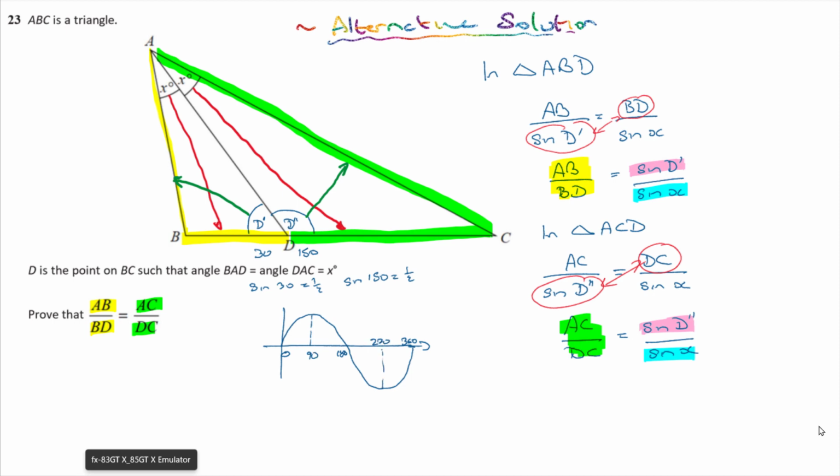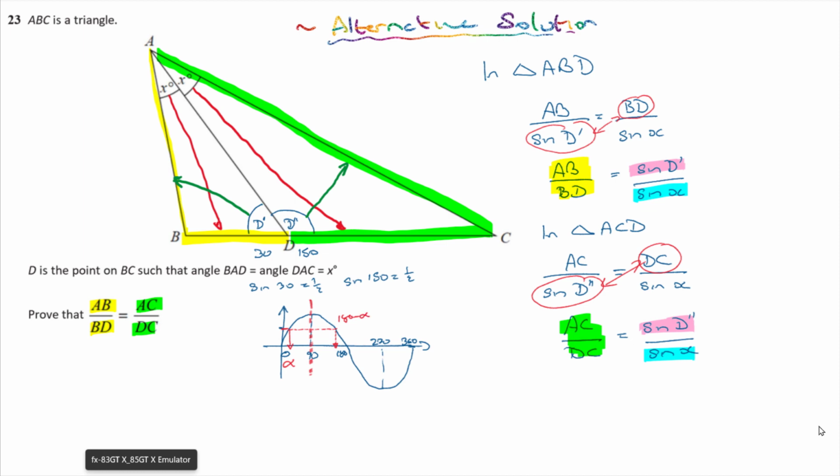Okay, now if you pick any number on our scale here on the left hand side for the sine of x and read across to your curve, you'll find that you get one solution down here and a matching second solution over here, and these two numbers are always related to each other. You can see that this curve has got a line of symmetry passing through 90. So whatever this angle is on the left, let's say it is alpha, then this angle on the right is necessarily going to be 180 minus alpha.